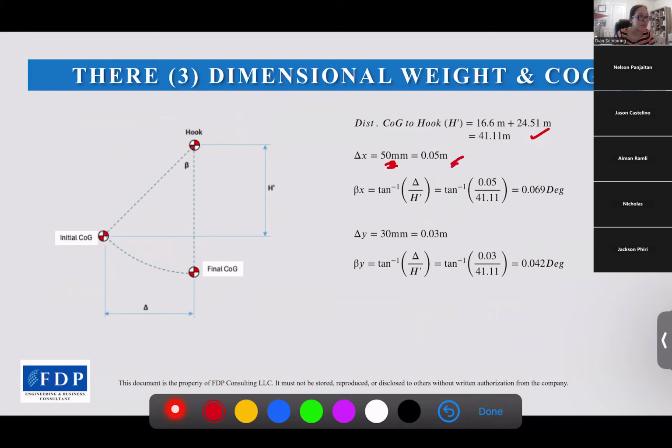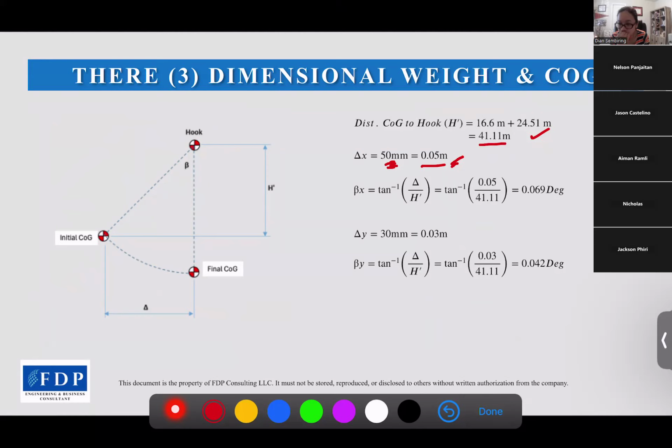So we can find the structure will be tilted toward the x direction: arctangent of delta, 0.05 divided by the distance COG to the hook, 41.111.